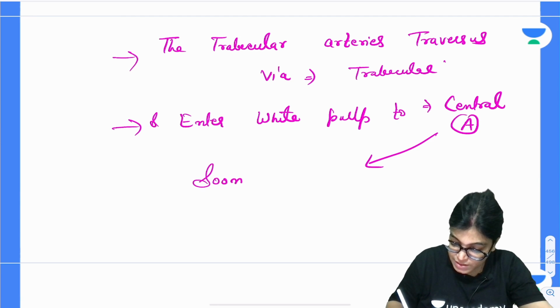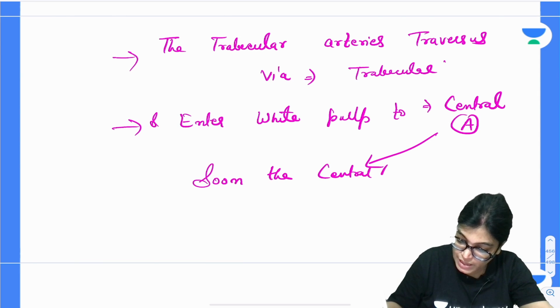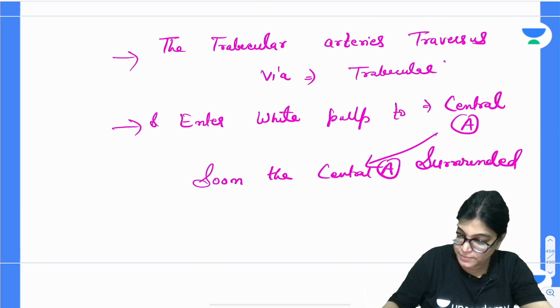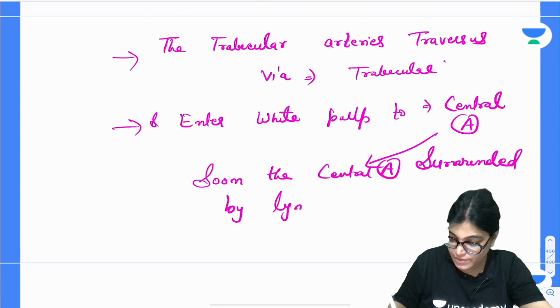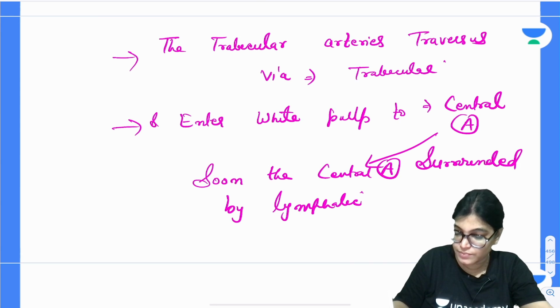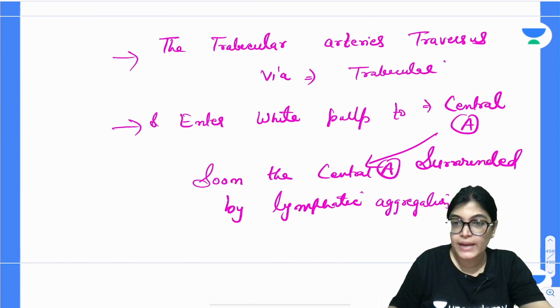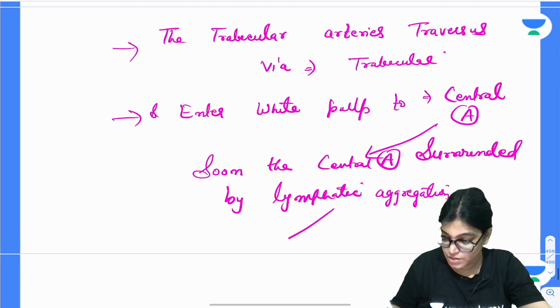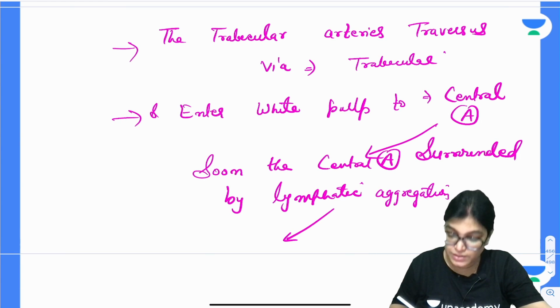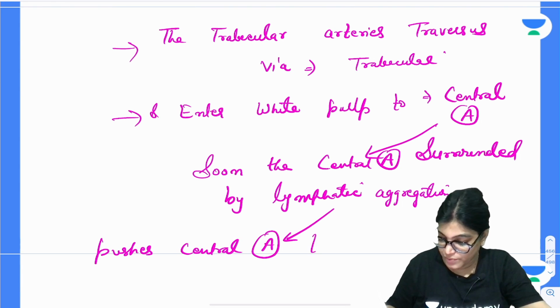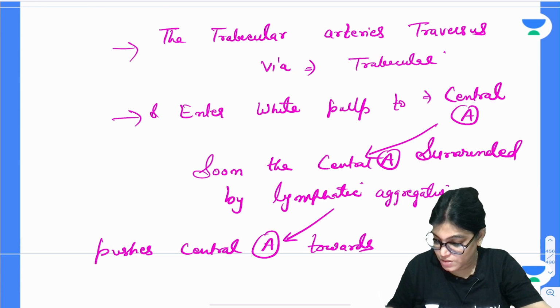Soon the central artery is surrounded by lymphatic aggregation, and this lymphatic aggregation pushes the central artery towards the periphery.